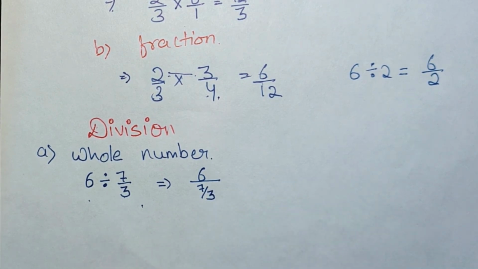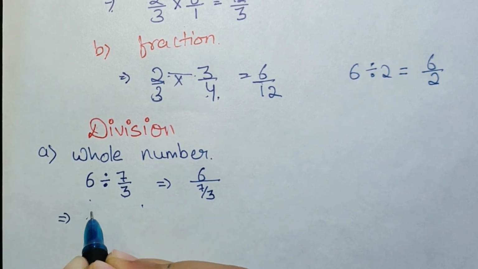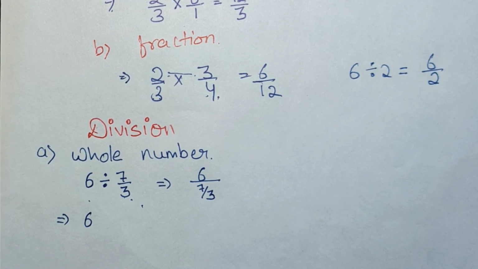But now it is a fraction. How you will solve it? So there is an easier way to solve when you have to divide a whole number with fraction, is that you can reciprocal this fraction and then you can change this division sign.